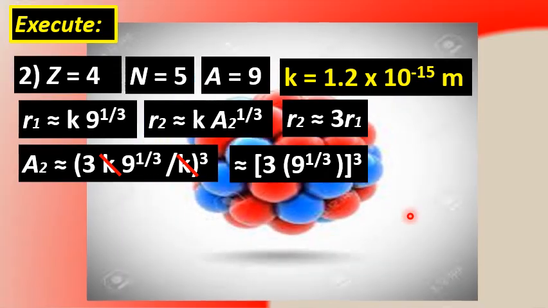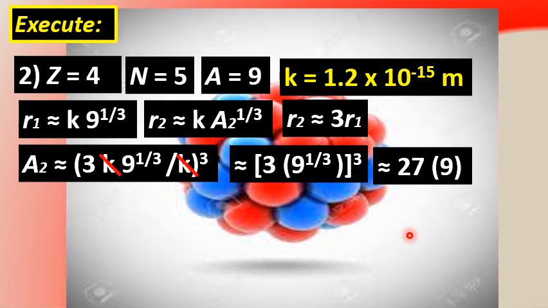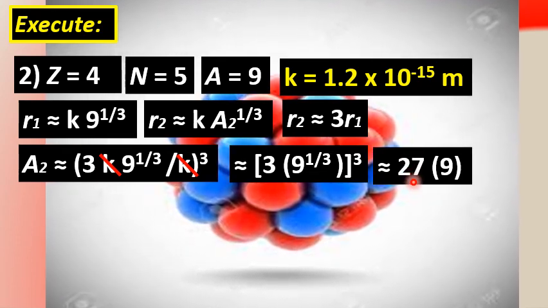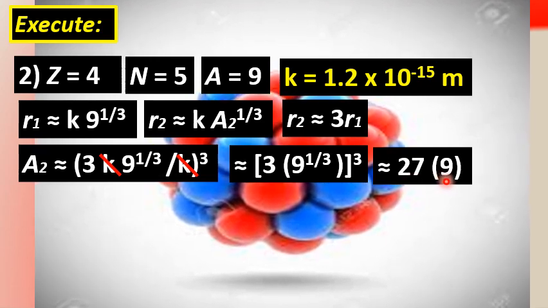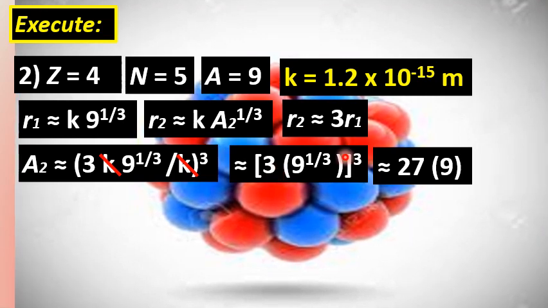Further simplification will give us 27 multiplied by 9. 27 is the result of getting the cube of 3.